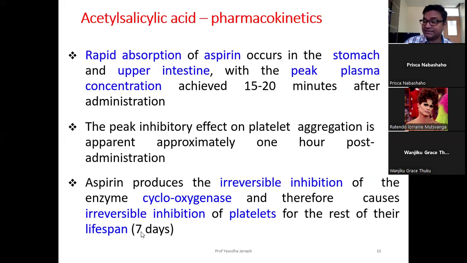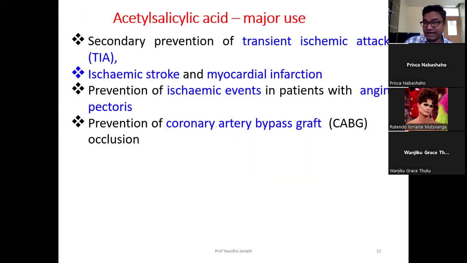So for 7 days, the platelet will not get aggregated. But every day the patient will take it. Also, aspirin is very well absorbed. Aspirin is an acidic drug, so at acidic pH this drug is absorbed very well. This is how aspirin acts.